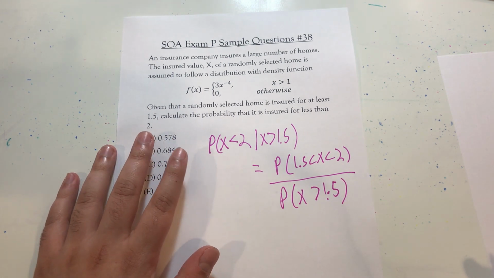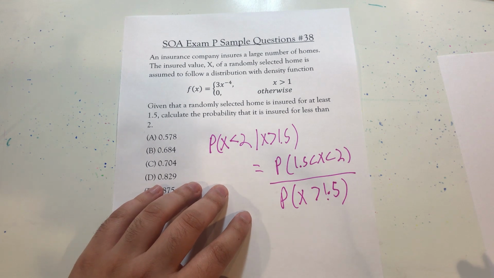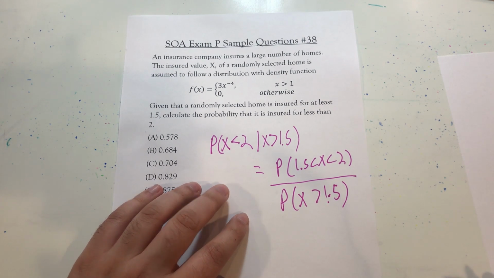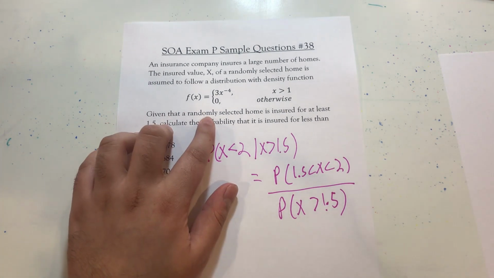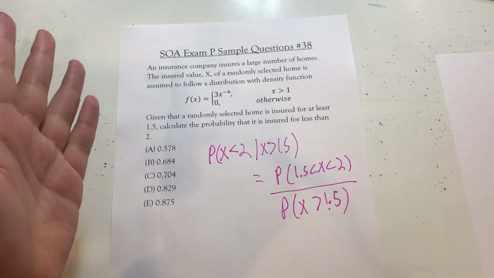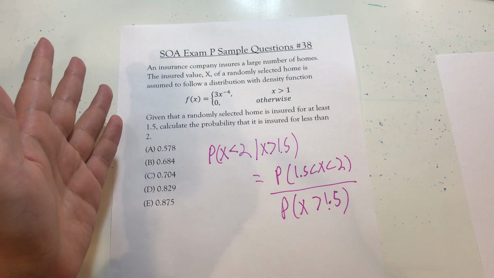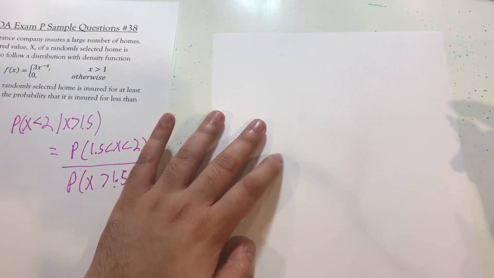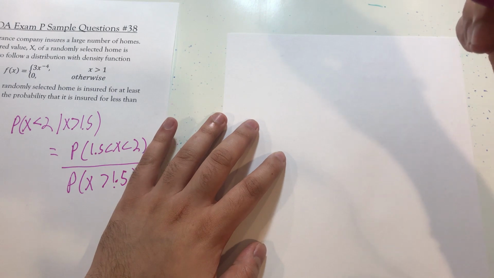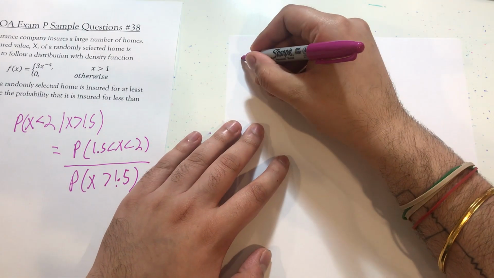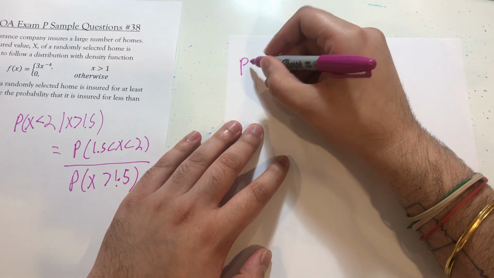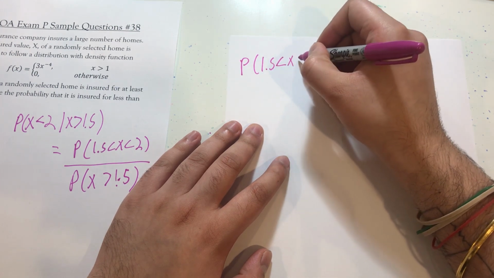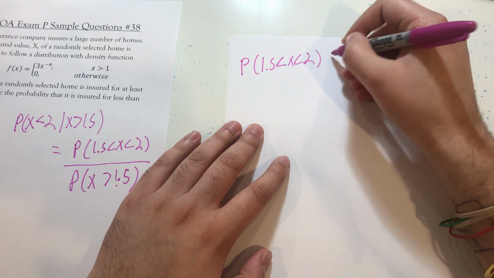First, we want to figure out the probability that X is between 1.5 and 2 for the numerator, and we're given the PDF. That simply means integrate. So here, I'll write the probability that 1.5 is less than X less than 2.